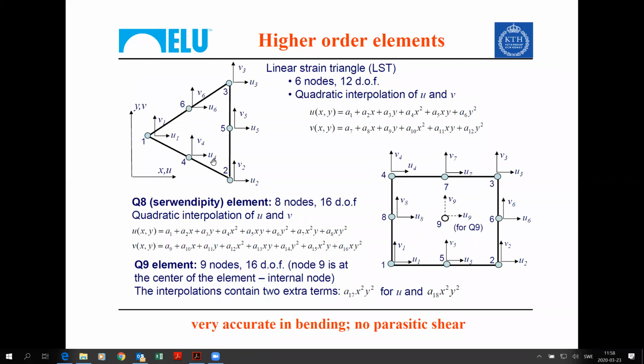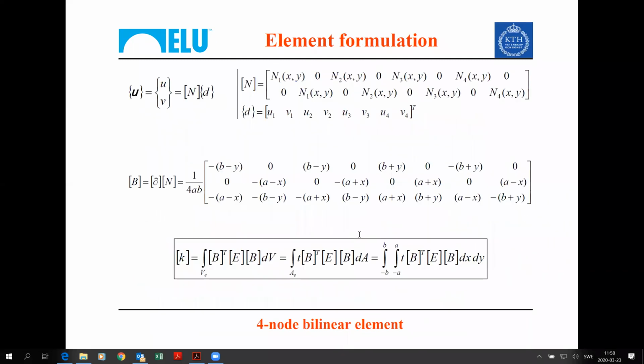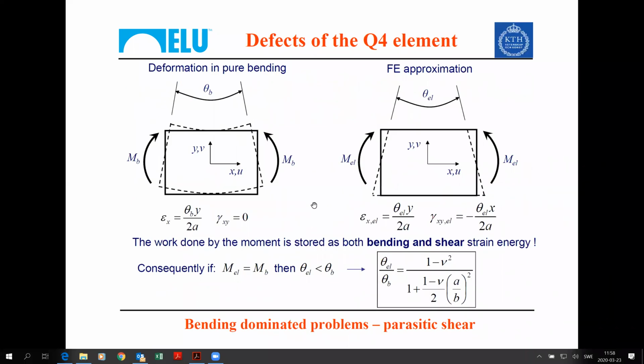Why would we do this? Well, we would do this because if we take a second order polynomial to approximate u and v, then this edge, which will be deformed in a curved shape, will no longer need to stay straight in the finite element approximation.